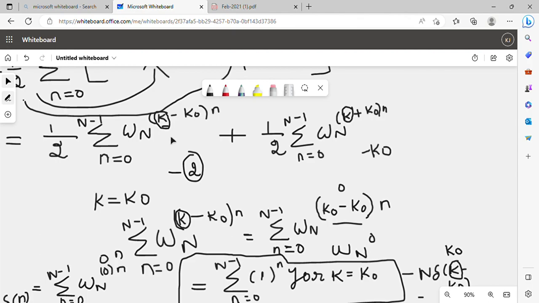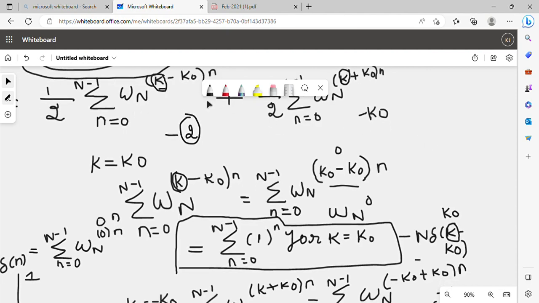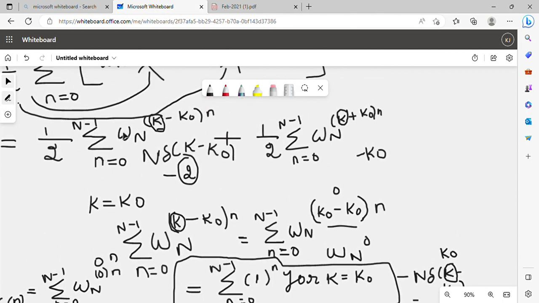I took k equal to k naught here, and here I took k equal to minus k naught, and simplified. For this one I got my resultant as n delta of k minus k naught, which I simplified from the summation of n equal to 0 to n minus 1 of omega n to the power of k minus k naught into n. And I simplified for n equal to 0 to n minus 1 omega n to the power of k plus k naught into n.